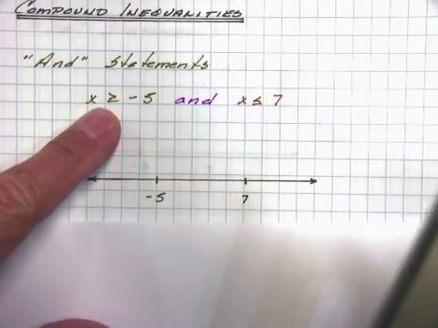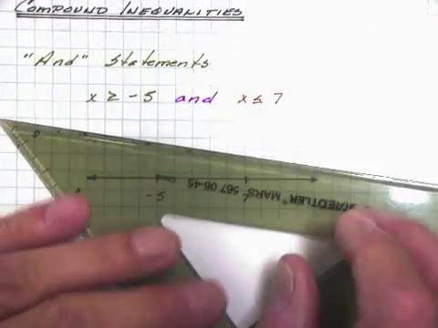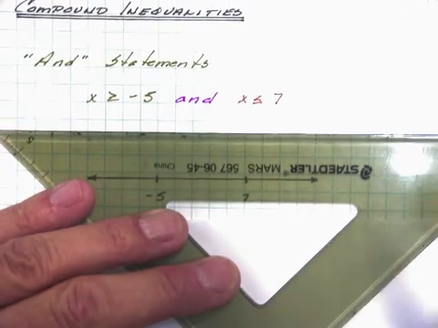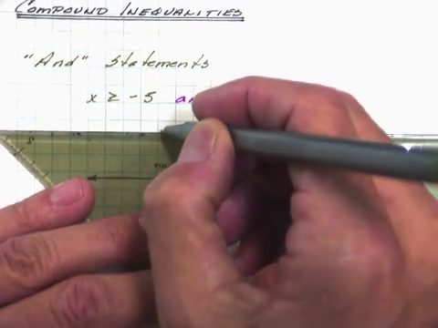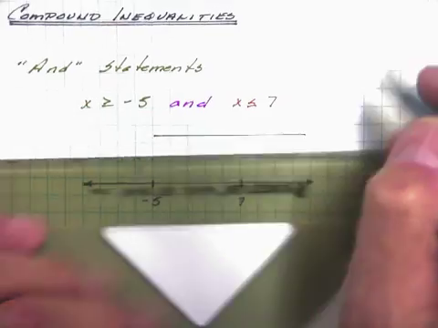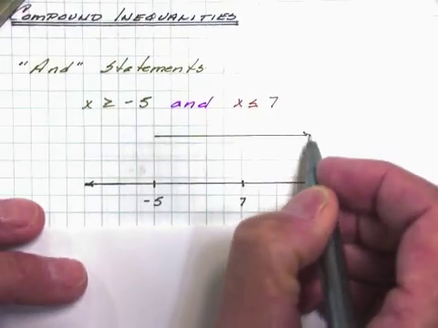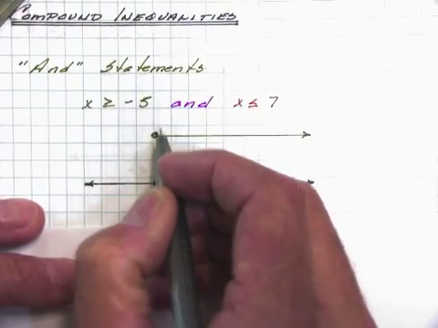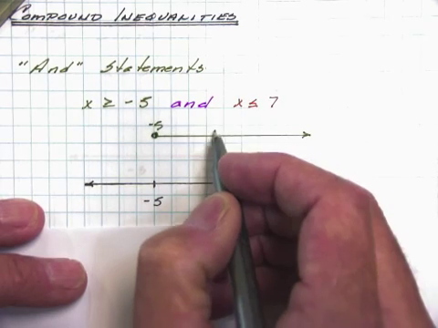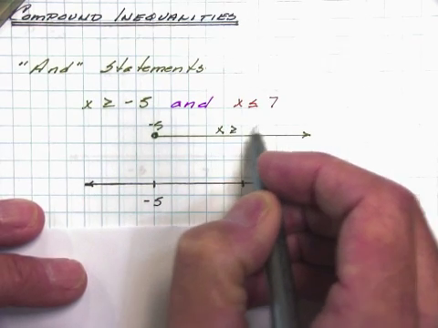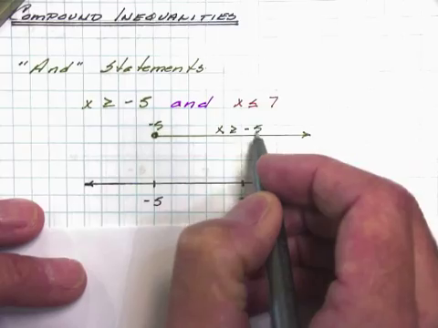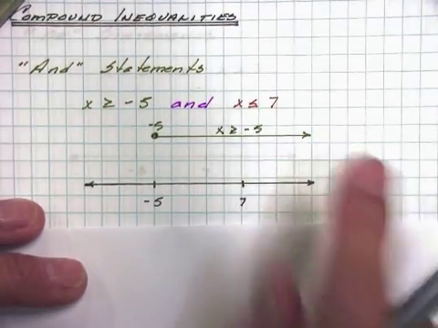So we're going to start with the statement x is greater than or equal to -5. Well, if I were to graph that separately, it would look something like this. Here is -5, and these are all the numbers that are x greater than or equal to -5, right?